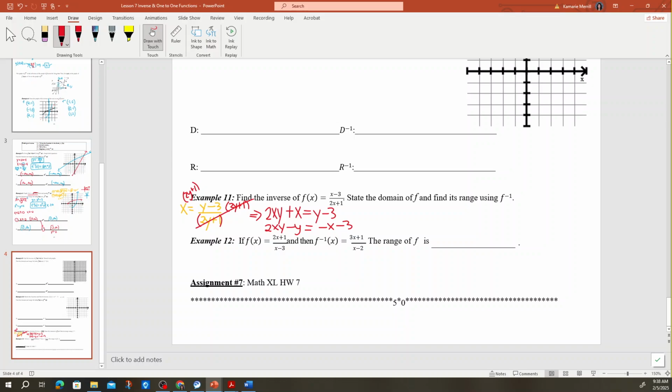Now what though? Because 2x and a negative y, those don't combine. I'm used to being like 3x plus 5x is 8x, right? What can I do with the y? Who said that? Did you say factor it? Oh, I thought I heard it. I was like, so smart. You can factor out the y.